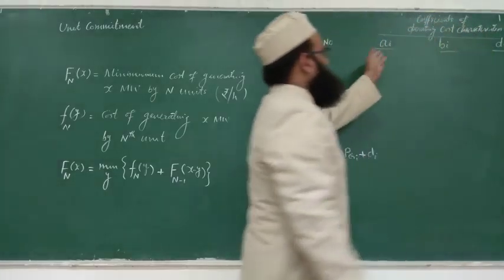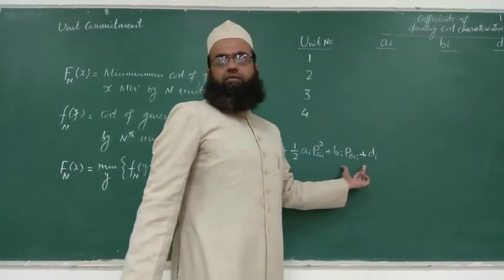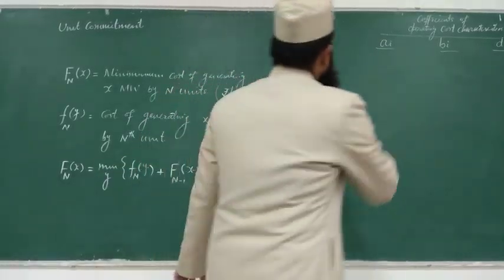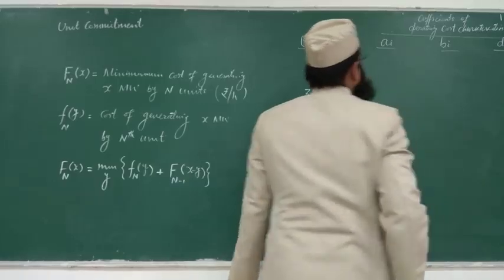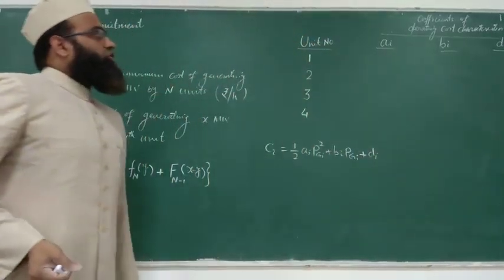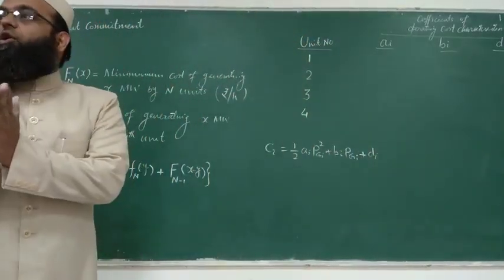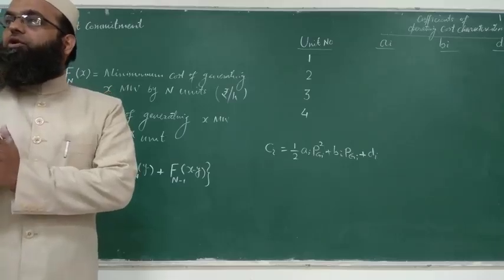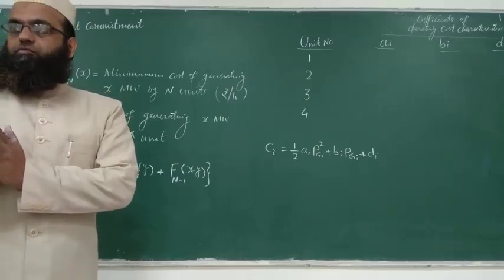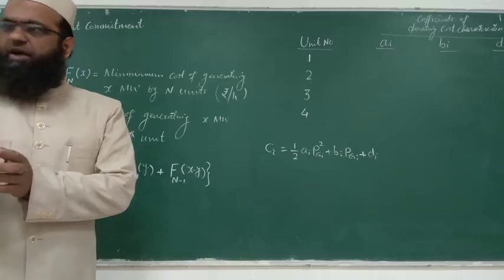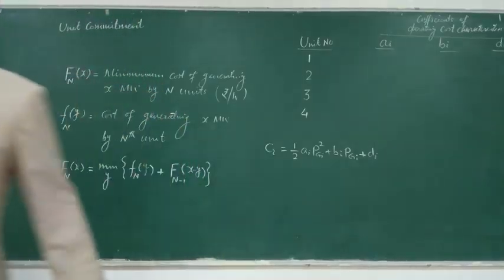So these are coefficients Ai, Bi, Di. You are aware of that. So let us assume some values. Okay, one more piece of information is also required: limits of the units. Is not it? MW min, MW max. So okay, we will include those also.